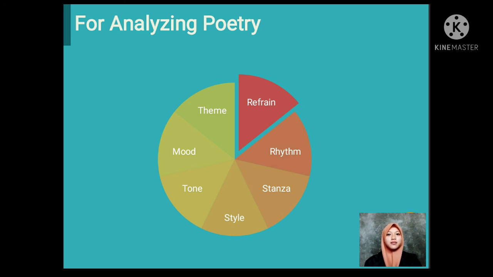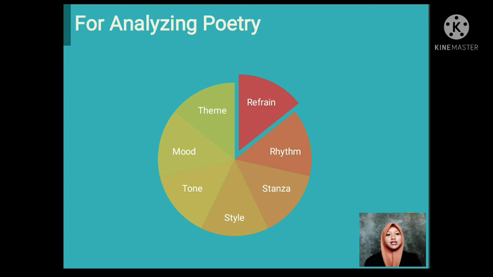Next is rhythm. Rhythm means a movement characterized by an arranged sequence of strong and weak elements, or of opposite or different conditions. It can be concluded that rhythm is a beat made by stressed sounds in words in poetry, and can also be made by rhyming, alliteration, and refrain.